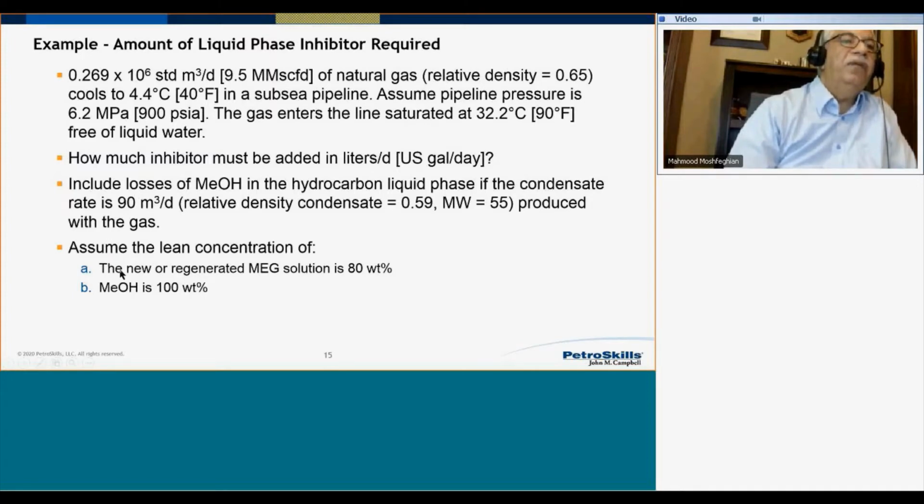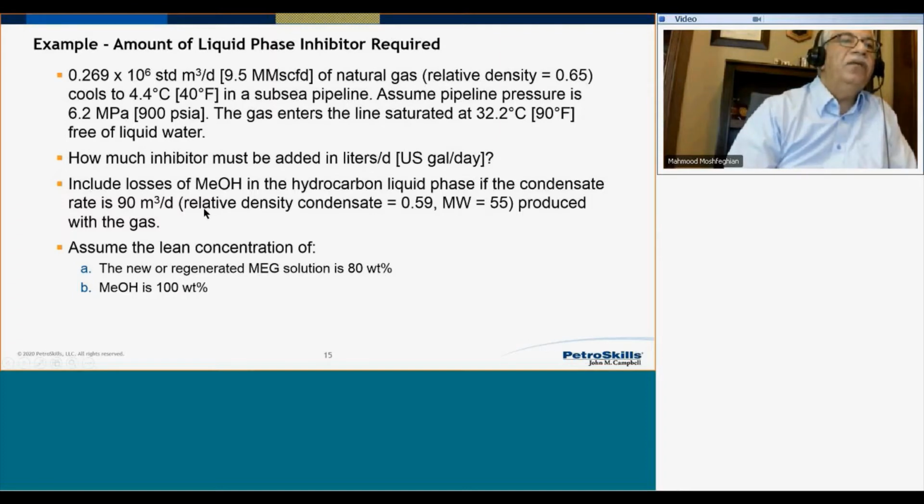One is for 80% lean glycol solution, and another scenario is if you use 100% lean methanol by weight percent. We're going to include the loss of methanol in liquid hydrocarbon and vapor phase hydrocarbon.